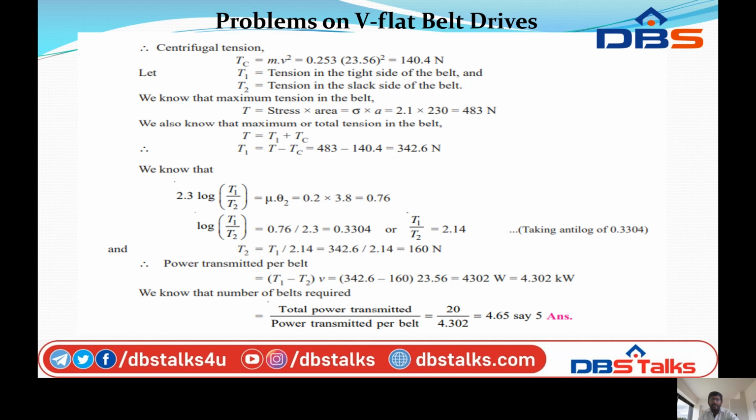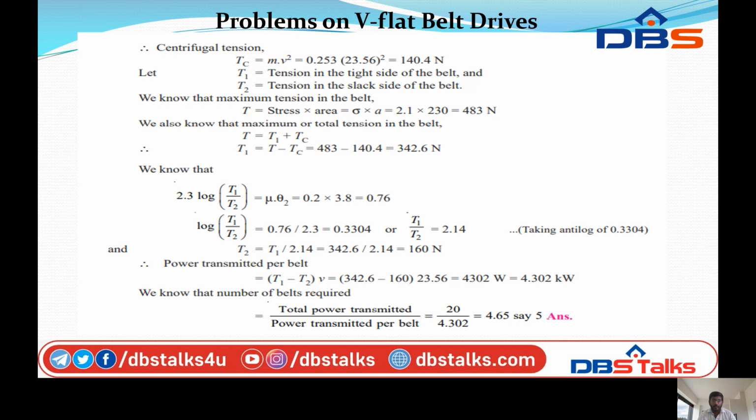Let T1 be the tension in the tight side of the belt and T2 the tension in the slack side of the belt. We know that the maximum tension in the belt, T, is equal to stress into area, that is sigma into A. Substituting the values, sigma is equal to 2.1 and area is equal to 230, so we can calculate T is equal to 483 Newton.